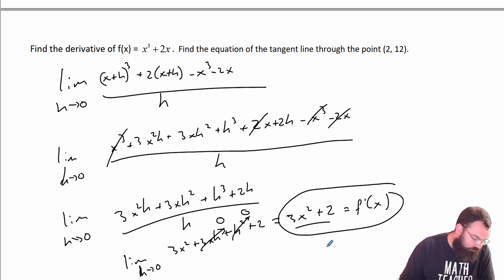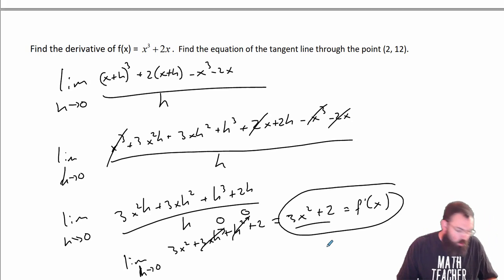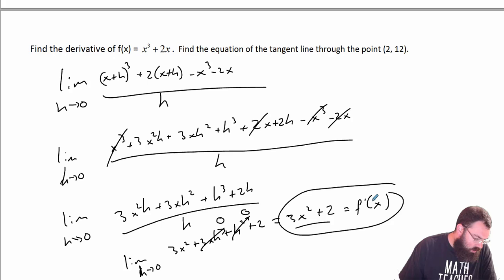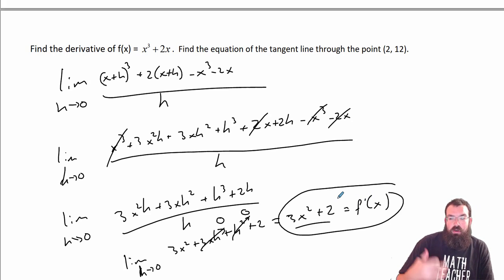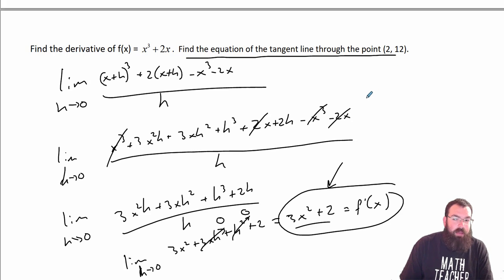Therefore, the slope of the function f is f prime, and the value of this slope changes with whatever your x value is. So this is your slope of the tangent line, but it says find the equation of the tangent line through that point.